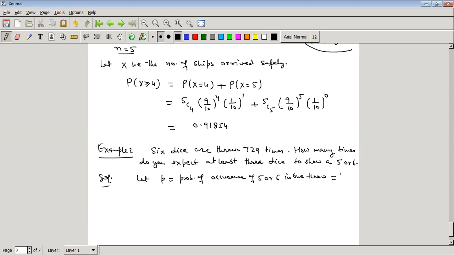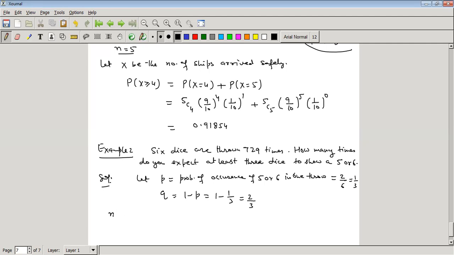Out of these 6, what are the events where we get success? 5 and 6. 2 by 6, that is 1 upon 3. So this is the probability of occurrence of 5 or 6. And what is Q? That we are not getting 5 or 6, we get 1, 2, 3, or 4. So that is equal to 1 minus P, and 1 minus 1 by 3 is equal to 2 by 3.